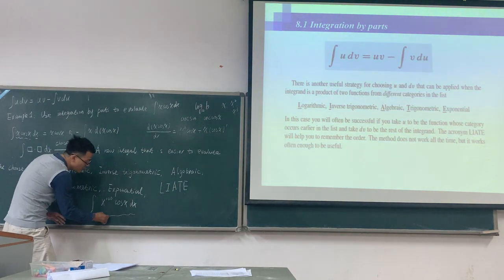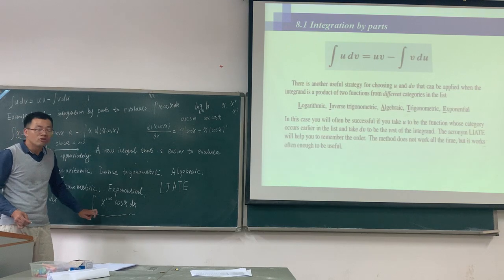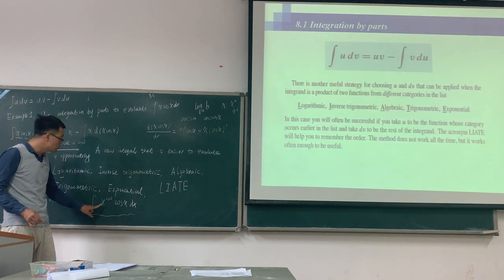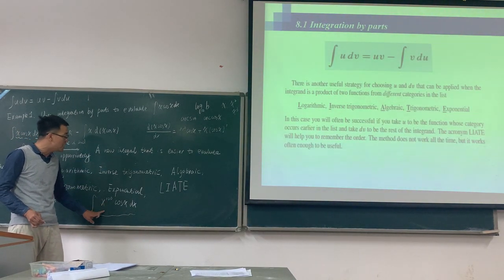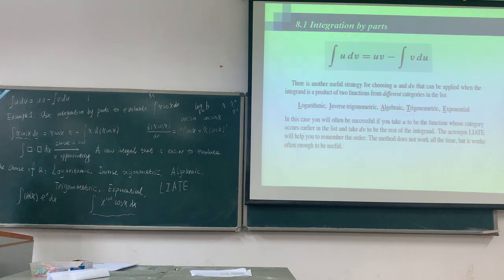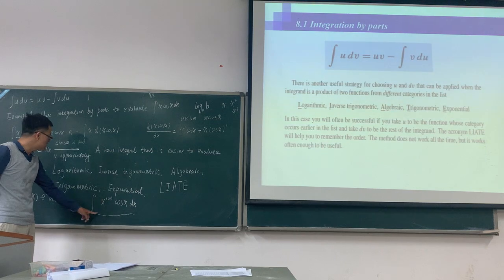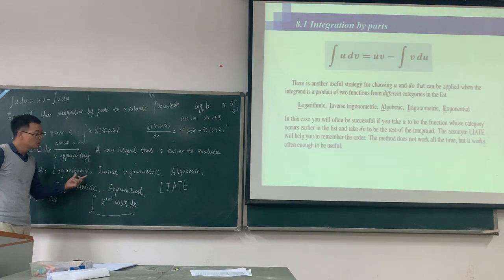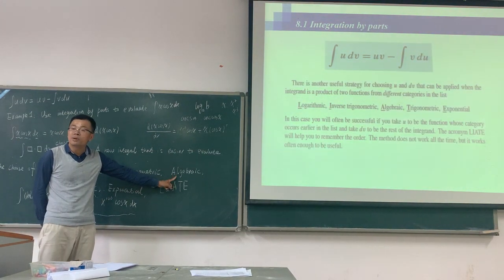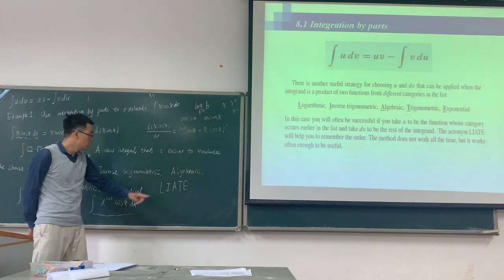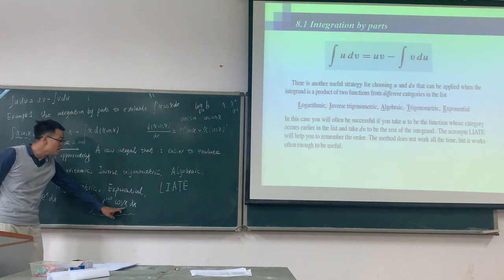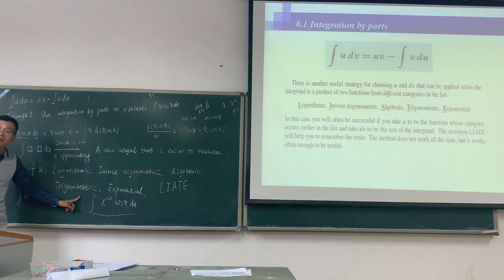For this one, we let u equal x to the 100 power or cosine x? x to the 100 power is an algebraic function, and cosine x is trigonometric.